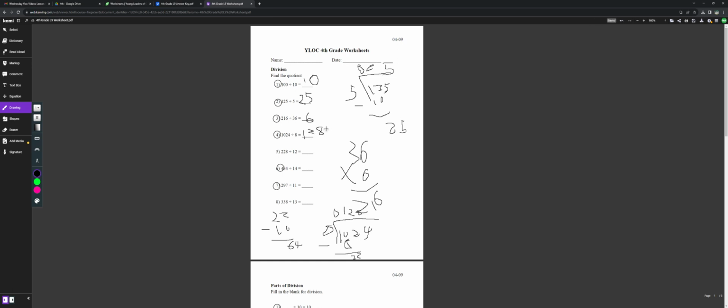For number 6, we have 434 divided by 14. And solve this by dividing. How many times does 14 go into 4? 0.